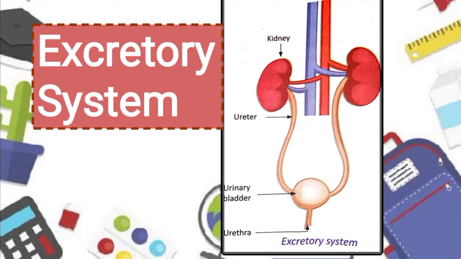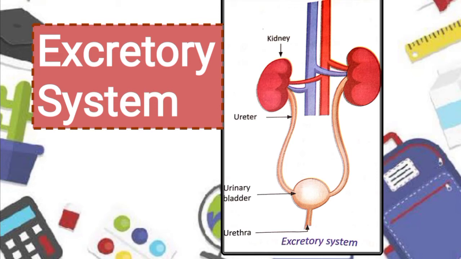So kidneys are bean-shaped structures that act like filters to collect harmful waste such as urea and excess salt from the blood. And ureters are a pair of tubes that carry this waste from the kidney to the urinary bladder.